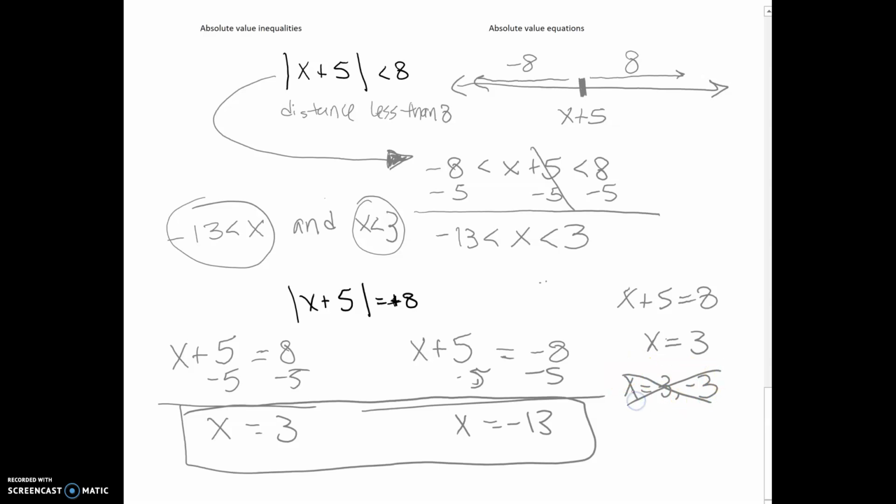But that is incorrect. We do that plus and minus thing here at the beginning because the stuff that has an absolute value of 8 is 8 and negative 8, giving us our answers of 3 and negative 13. These might require a little bit more practice.